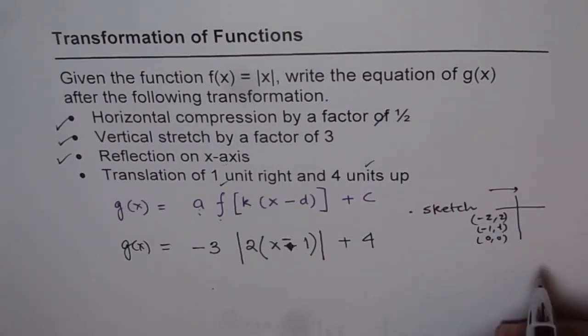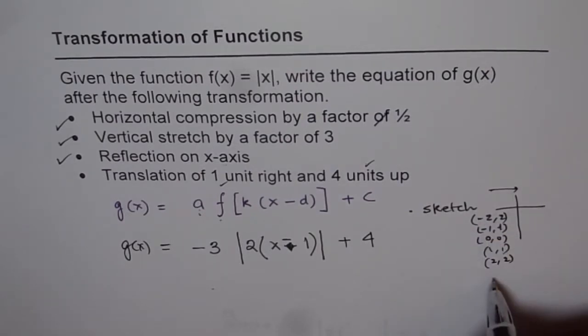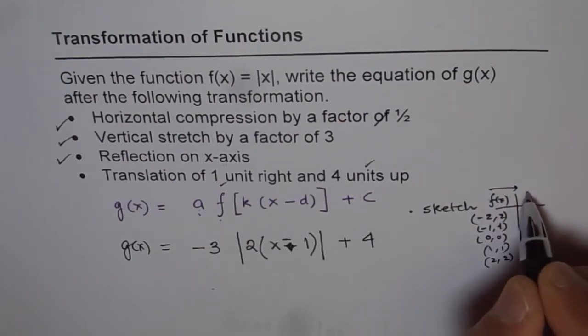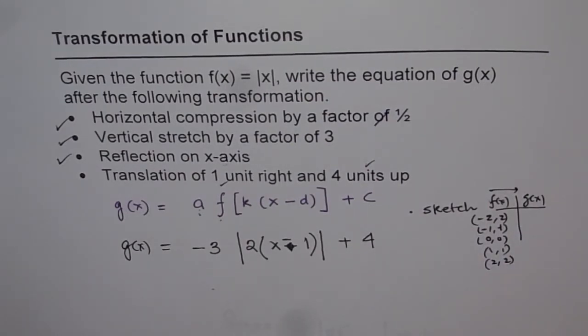And then on the positive side, you should take 1, 1, 2, 2. These are enough. And then this is your f of x. Write down transformed values for this, sketch your function, and then write the domain and range for your function as an added exercise. I hope that will help you a lot.